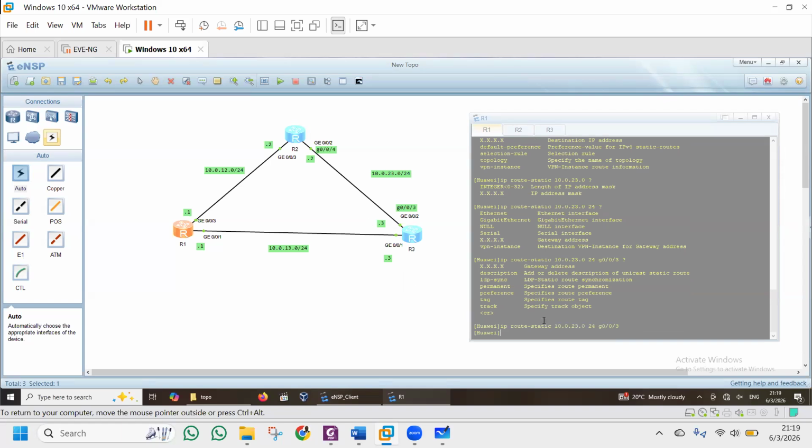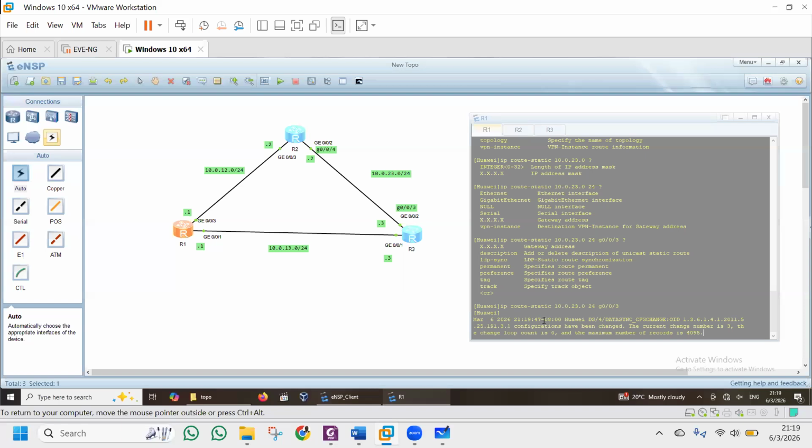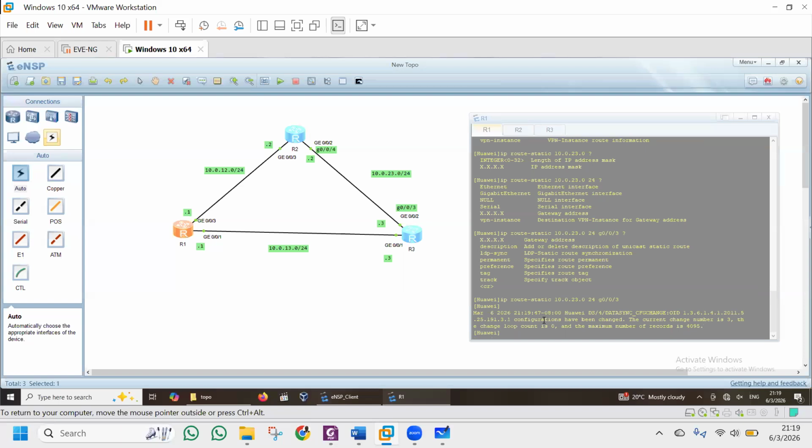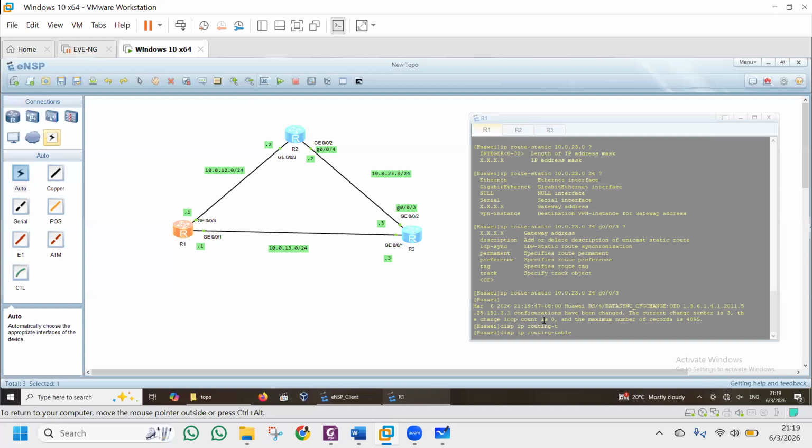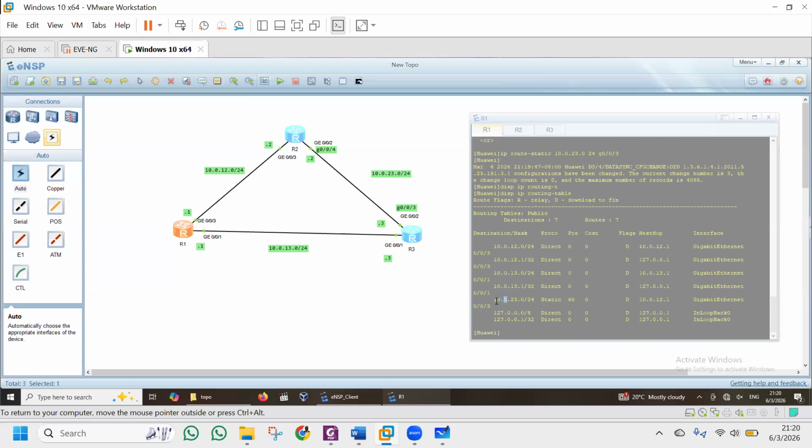Alright, then if I display the IP routing table, I can now see 10.0.23.0. It basically means we can now get to this network. Take note that the protocol we're using is static, and the others are direct because these are directly connected interfaces and networks.